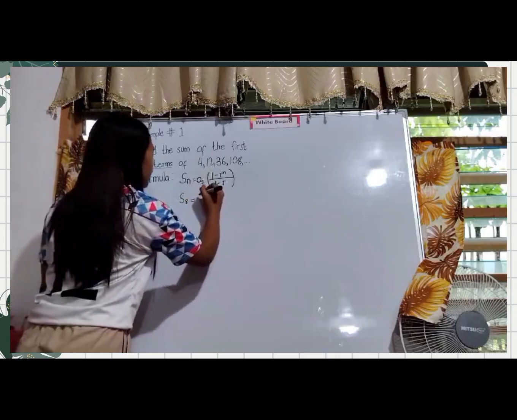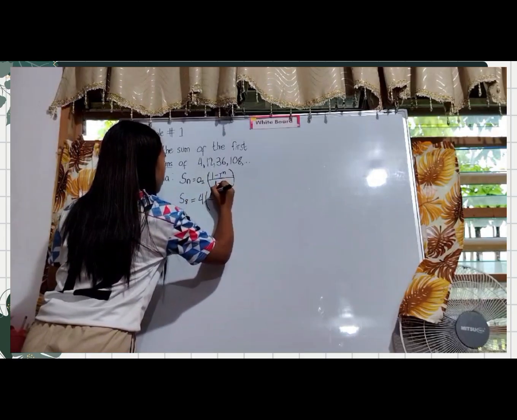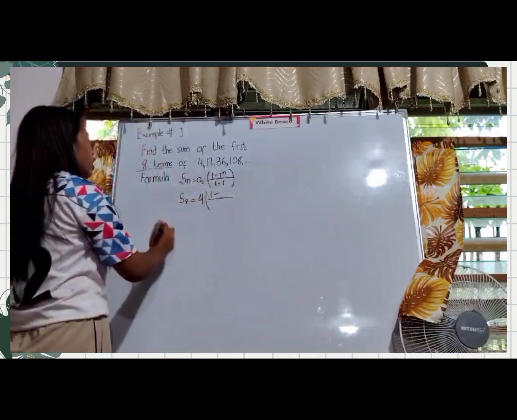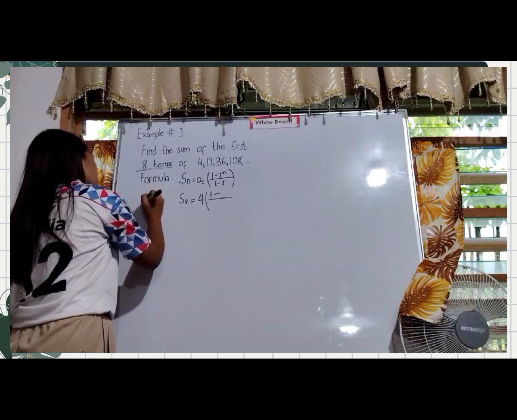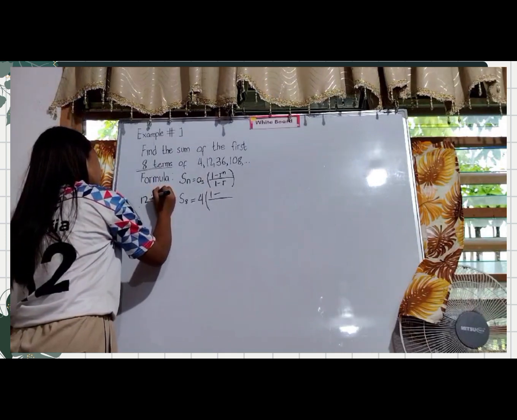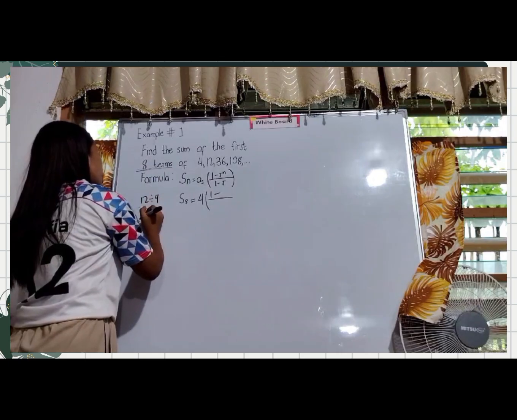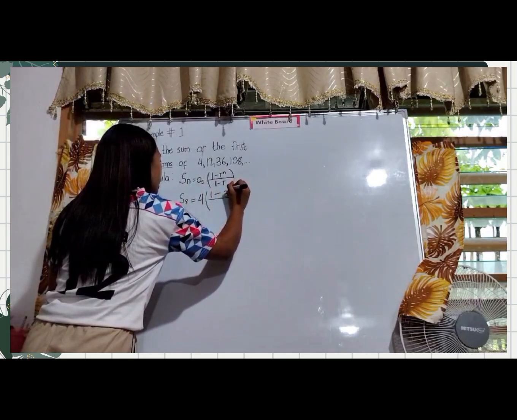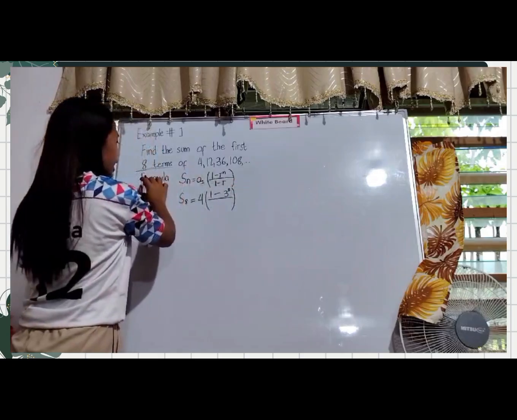Our a sub 1 is 4. To solve for our common ratio, we just divide the second term by the first term. So 12 divided by 4 is 3. So our common ratio is 3, raised to 8 because our number of terms in that problem is 8.